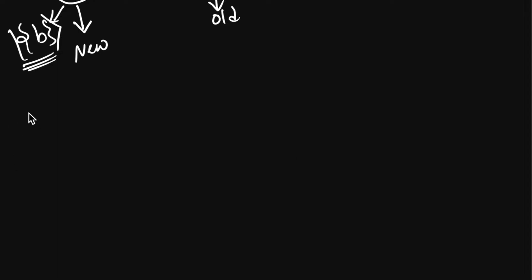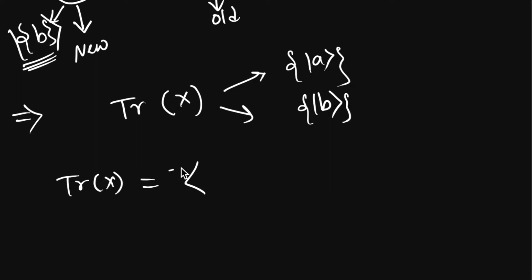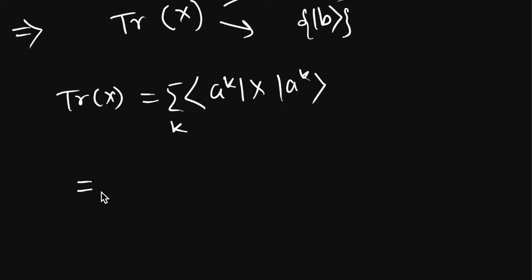Now let us ask the question, what happened to the trace of X? What will be the trace of X in the two basis sets? One is A, another is B. So trace of X will be summation of k ⟨a_k|X|a_k⟩. Now let us use the completeness relation of the vectors b_k.